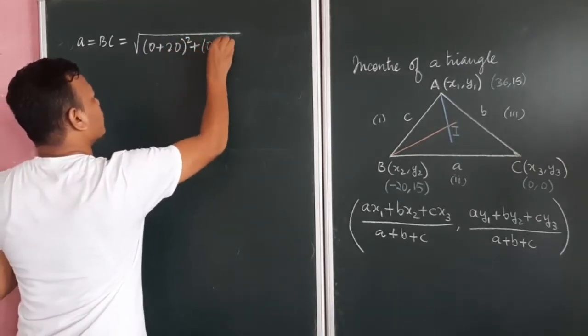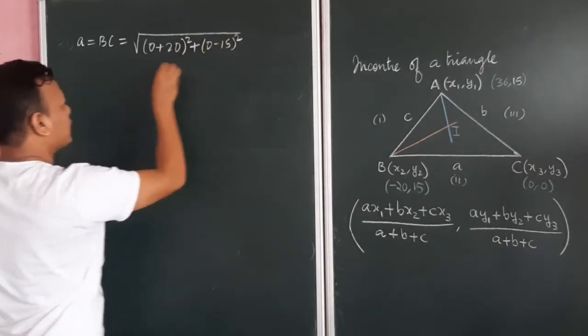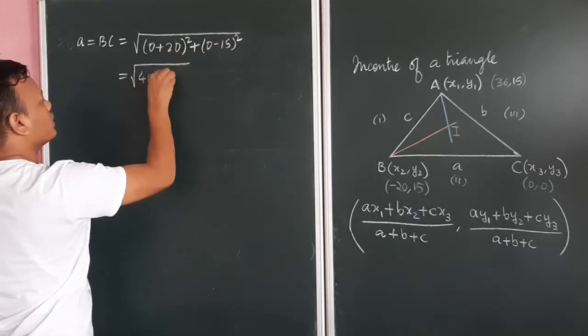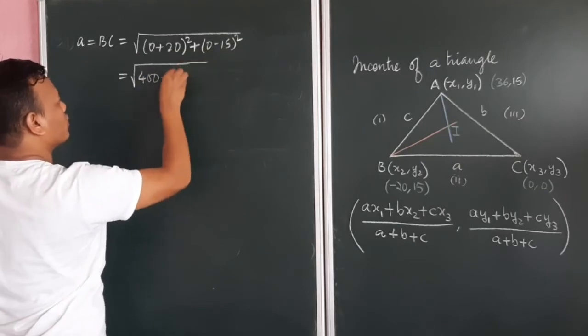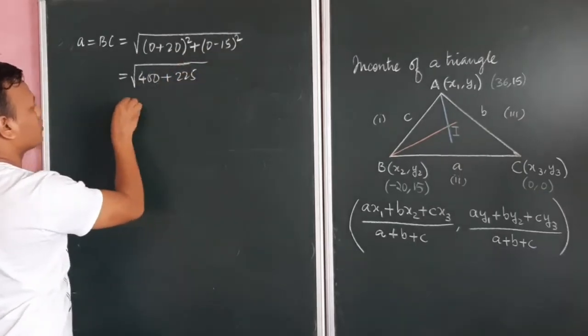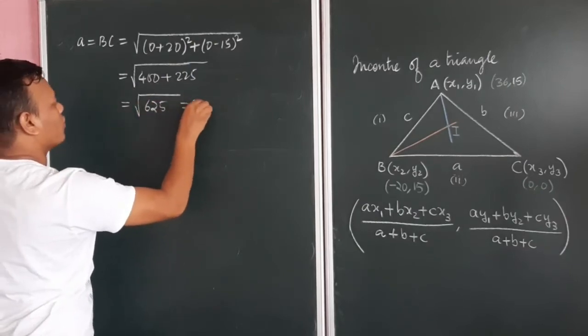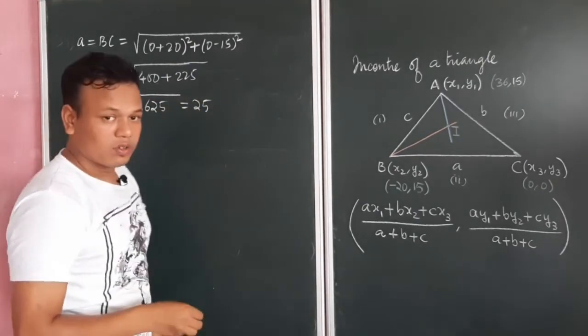So we have 0 minus 15 whole square. So quickly calculate this. This turns out to be 20 square is 400 plus minus 15 square is 225. So this turns out to be square root of 625, which equals 25. So the value of A is 25.